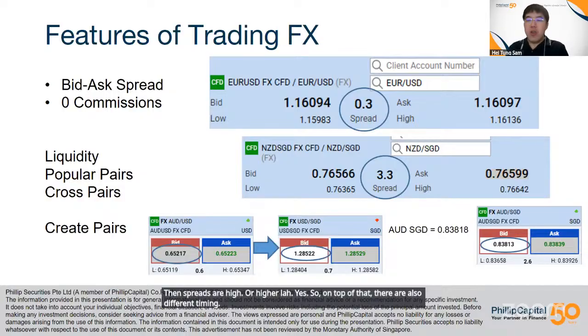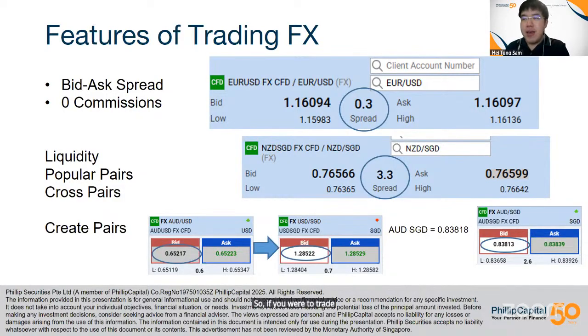If you trade on Monday morning at 5 a.m., when the market has just opened, usually the spreads are very high because liquidity is low during those hours. That is something that can be observed. So if you are going to trade, try to avoid trading at those times because, number one, spreads are higher, liquidity is lower, and usually there's not much movement.